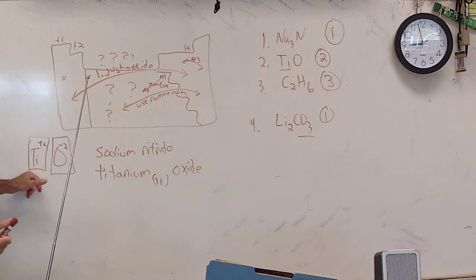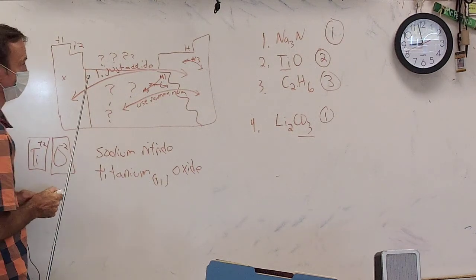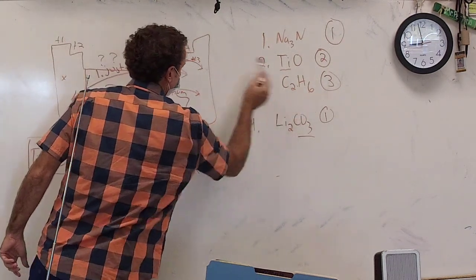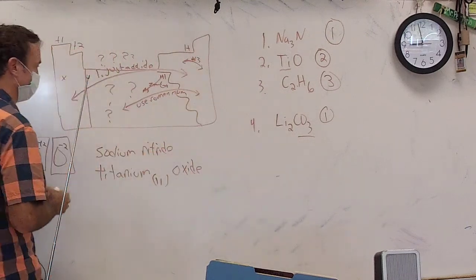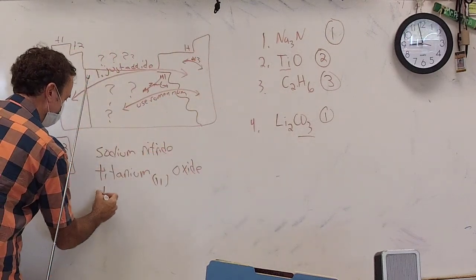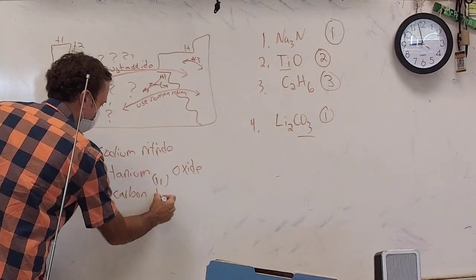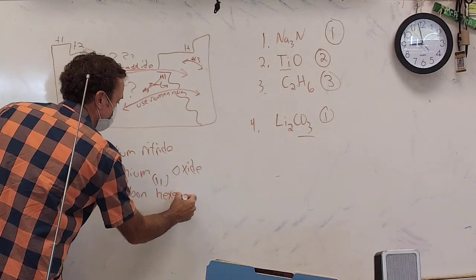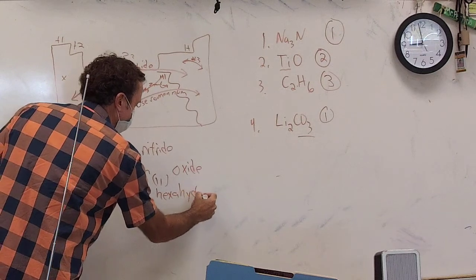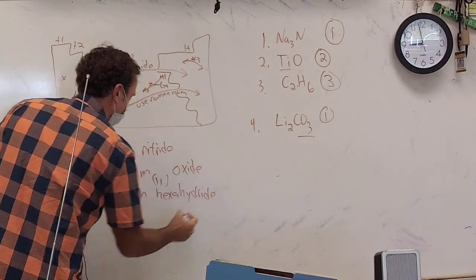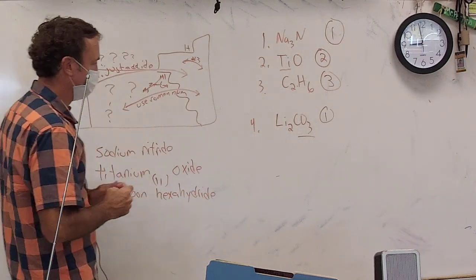All right? Let's try this one, number 3. Evan, what do you think the number 3? It's rule number 3. They all come from up here. What's the name of that? Dicarbon hexahydride. Excellent. Okay, and then we look down here, number 4.